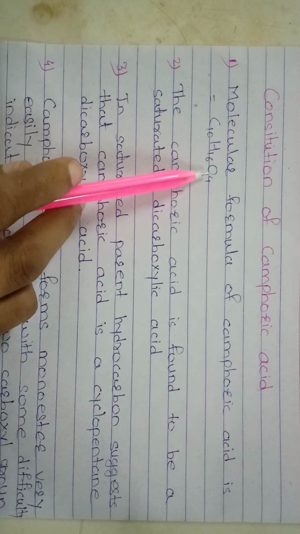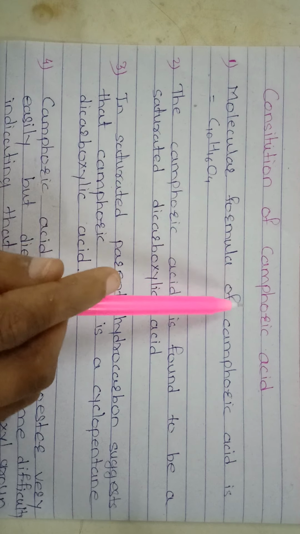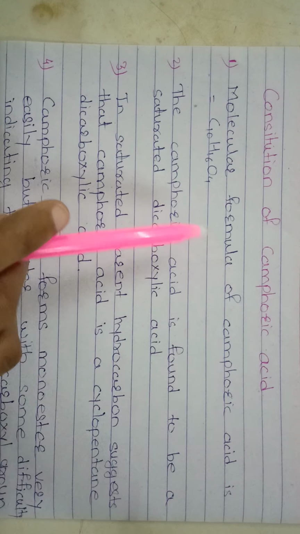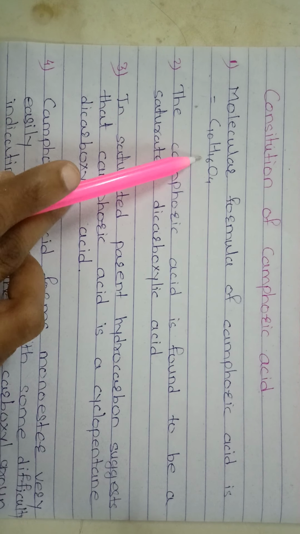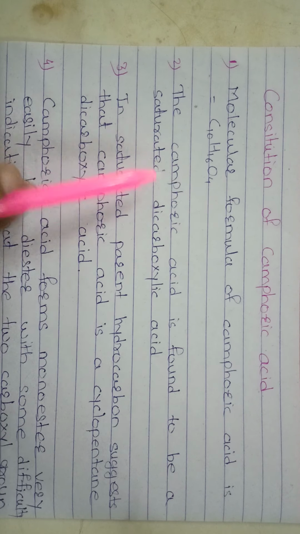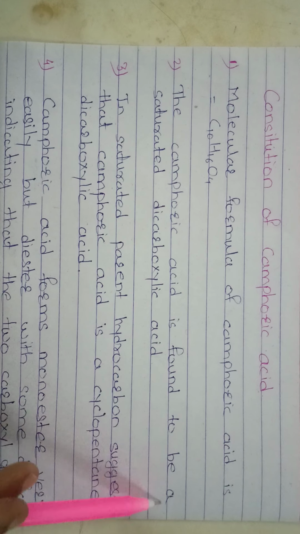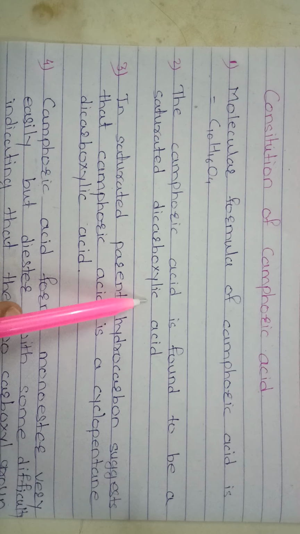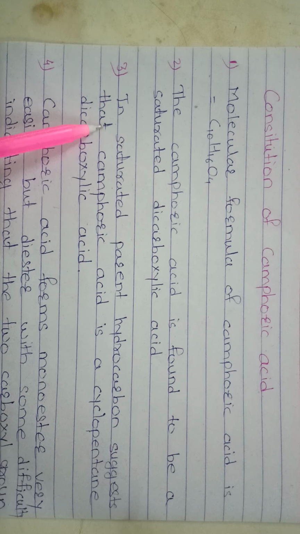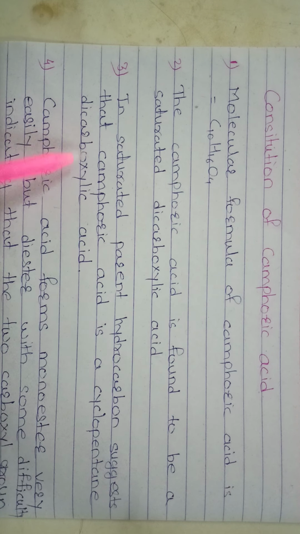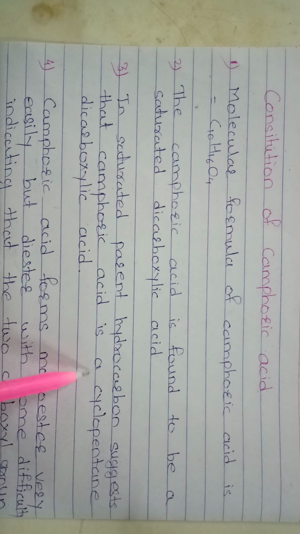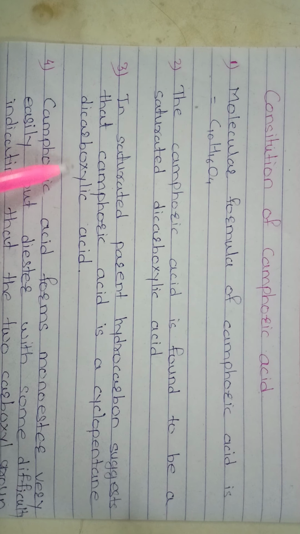Then the next point is the constitution of camphoric acid. The molecular formula of camphoric acid is C10H16O4. Camphoric acid is found to be a saturated dicarboxylic acid. Third, the saturated parent hydrocarbon suggests that camphoric acid is a cyclopentane dicarboxylic acid.